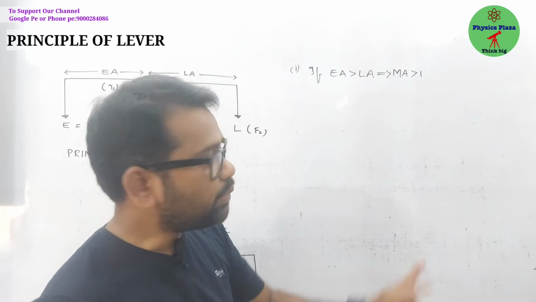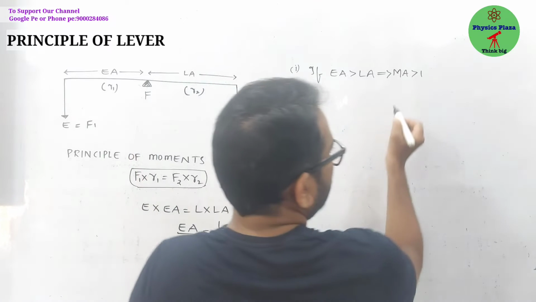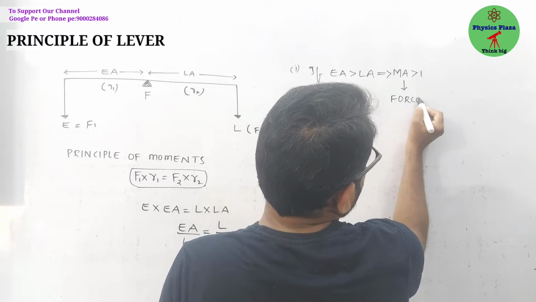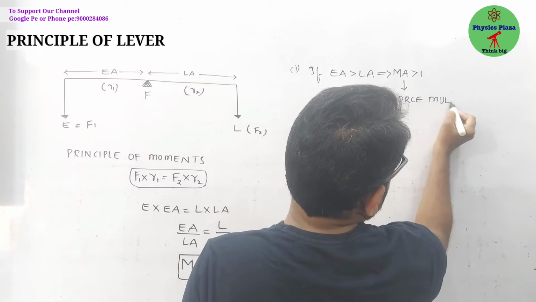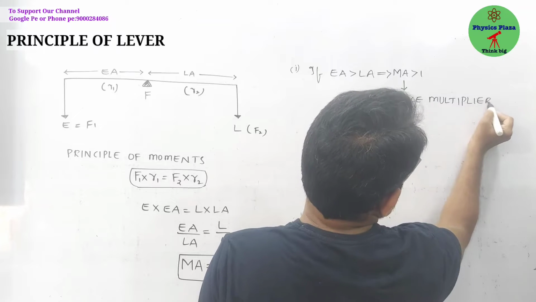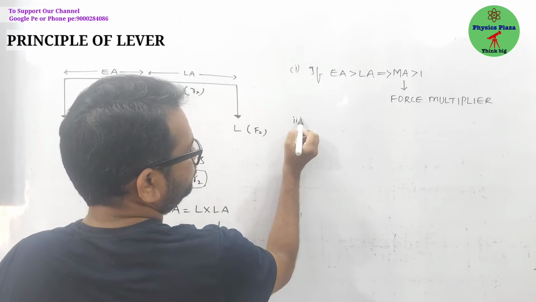For any lever, if the mechanical advantage is greater than 1, that particular machine acts like a force multiplier.